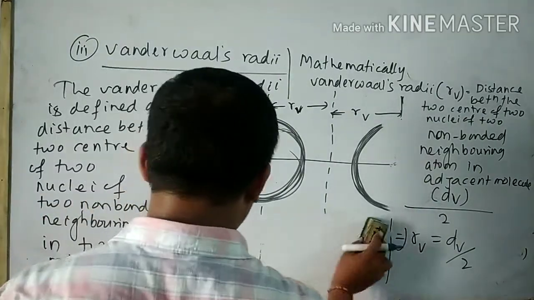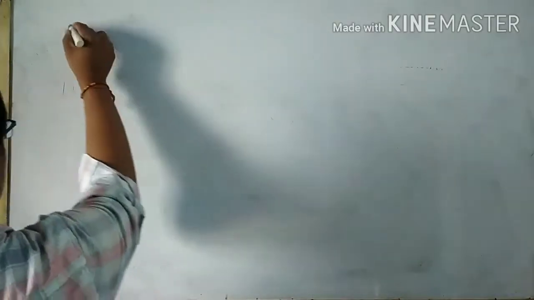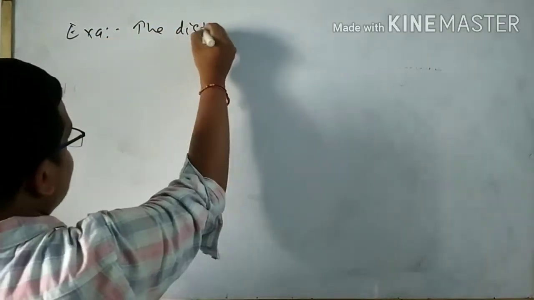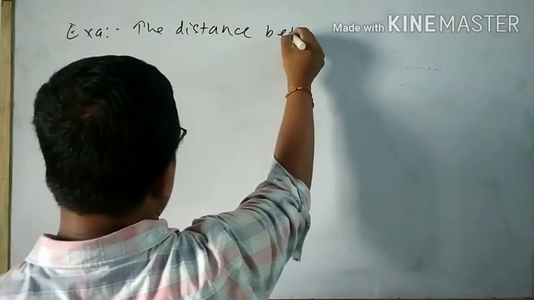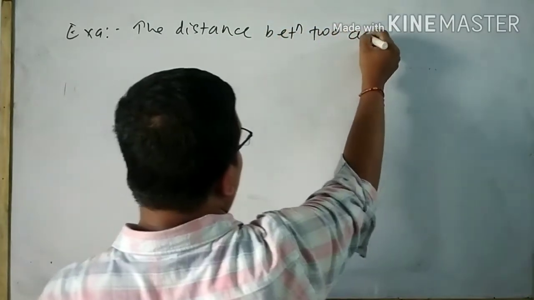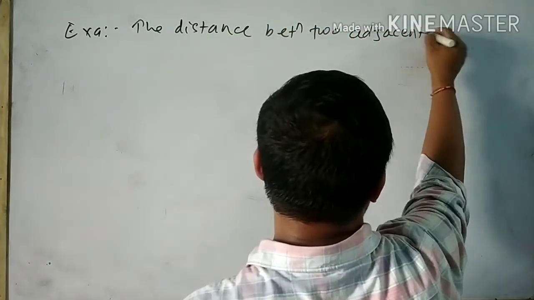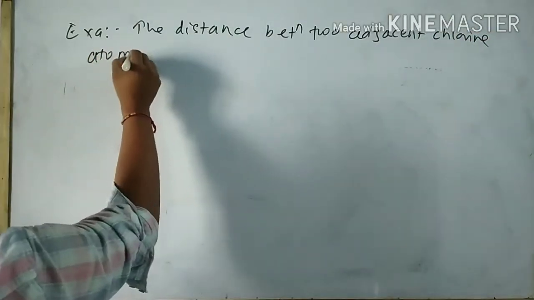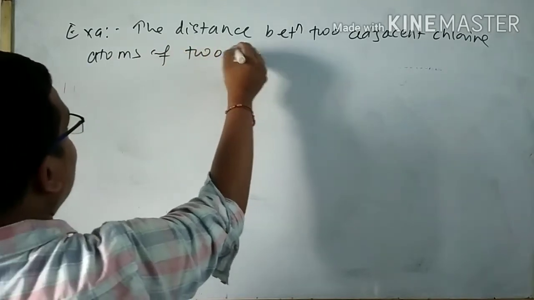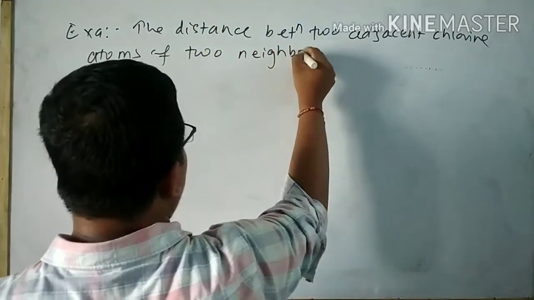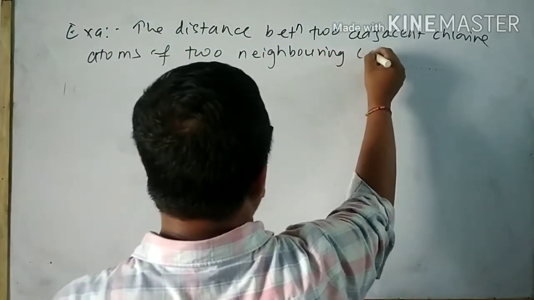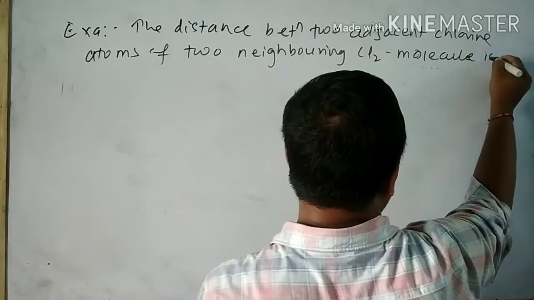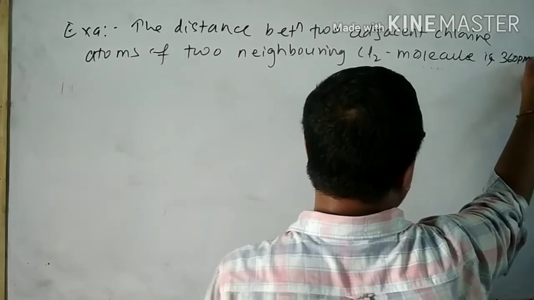Suppose we take an example. The distance between two adjacent chlorine atoms of two neighboring chlorine molecules is 360 pm.